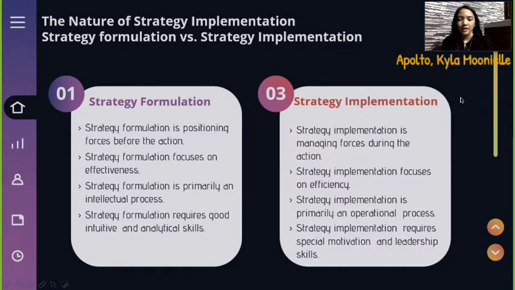Strategy formulation is primarily an intellectual process, while strategy implementation is primarily an operational process. Strategy formulation requires good intuitive and analytical skills, while strategy implementation requires special motivation and leadership skills.